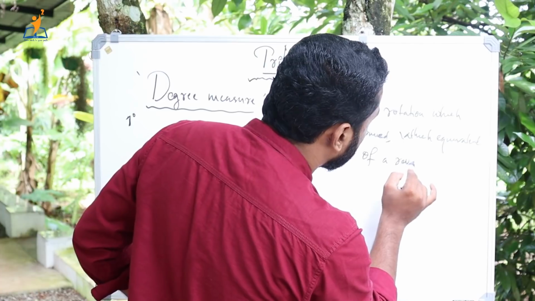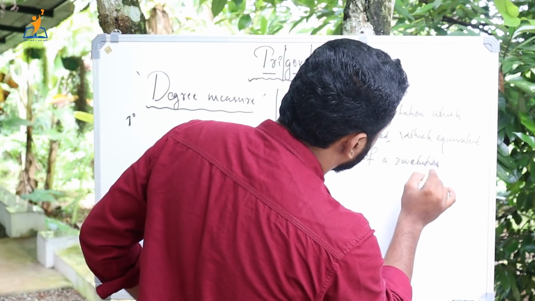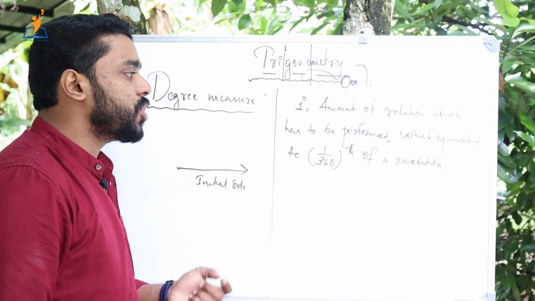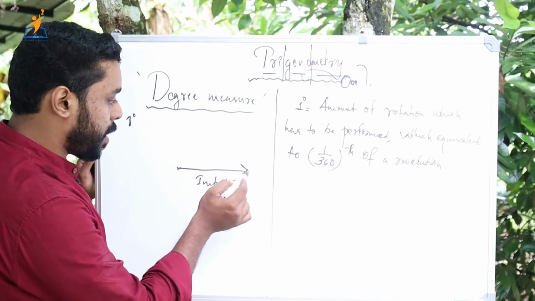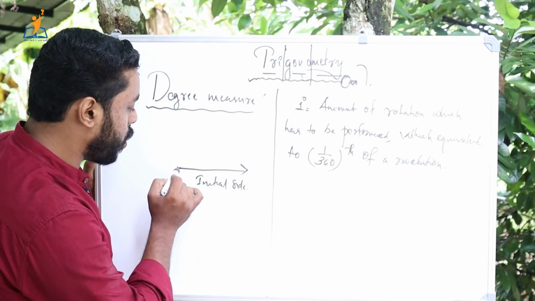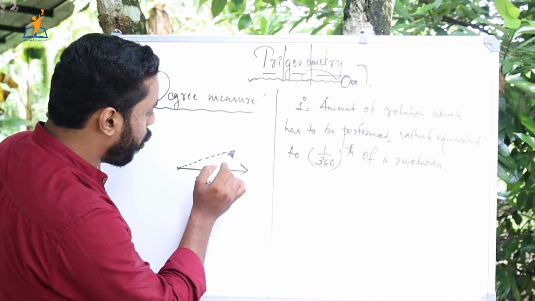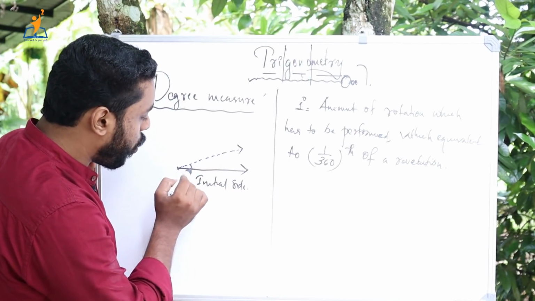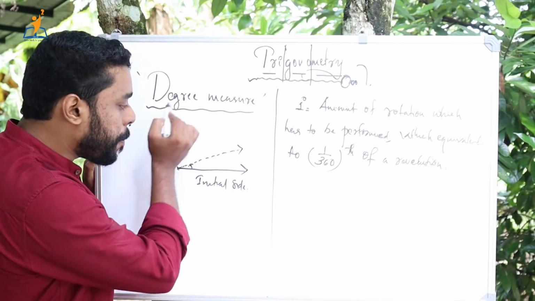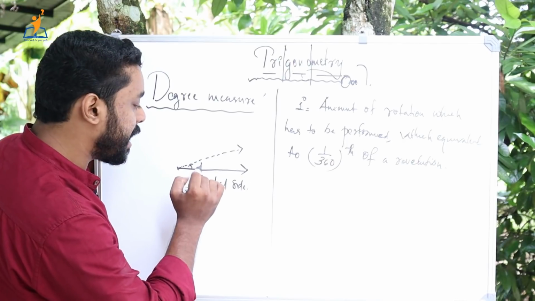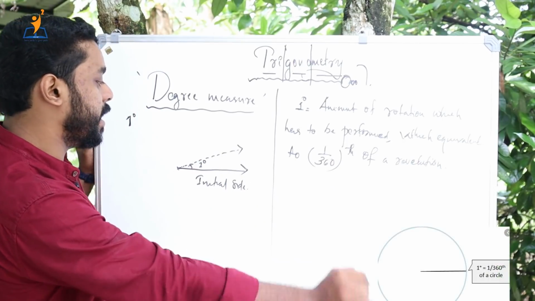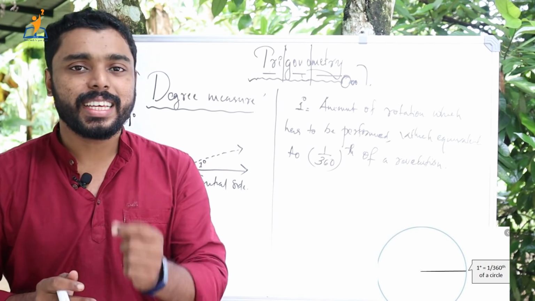So the 1 degree measure is nothing but a rotation which is equivalent to, suppose that I am rotating this ray about this point to reach a new point like this. If the amount of rotation is 1/360th of the entire revolution, then we can say that this angle is 1 degree. So 1 degree is very simple to understand.